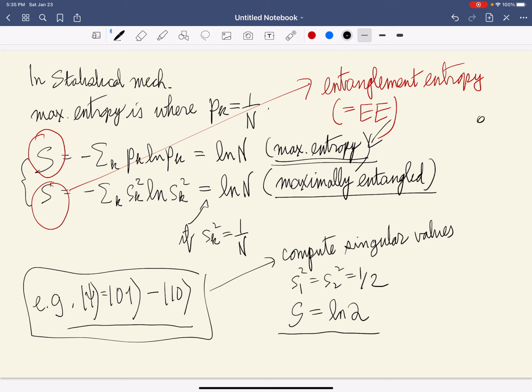And there's a whole spectrum of many-body states ranging from the zero entanglement entropy state, which is a product state, to the maximally entangled state, where the entanglement entropy is equal to log of the number of degrees of freedom.